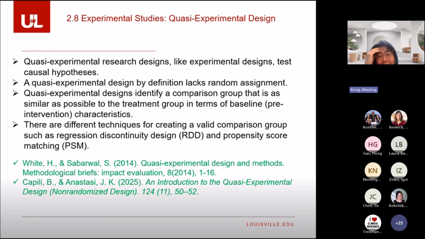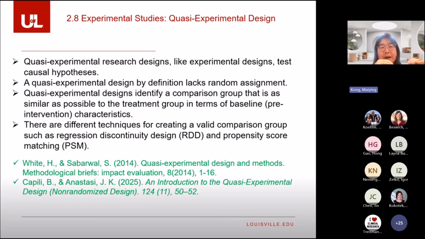Quasi-experimental design identifies a comparison group that is as similar as possible to the treatment group in terms of baseline characteristics.